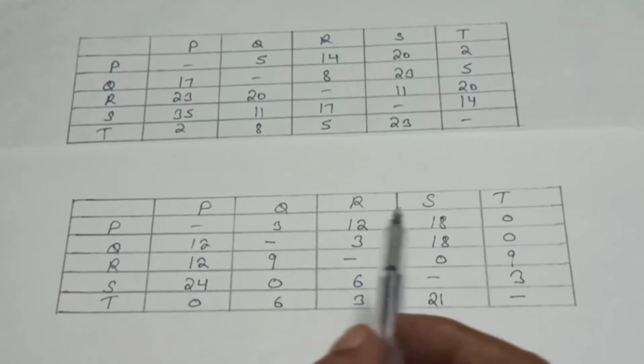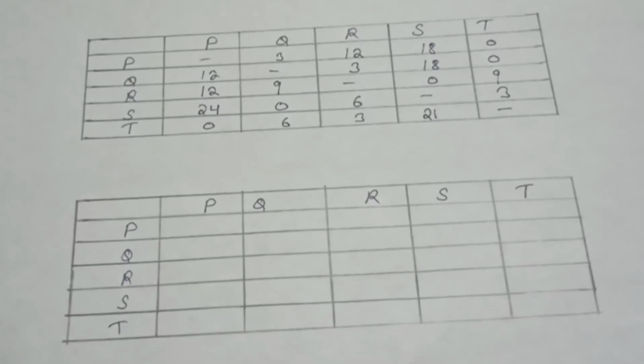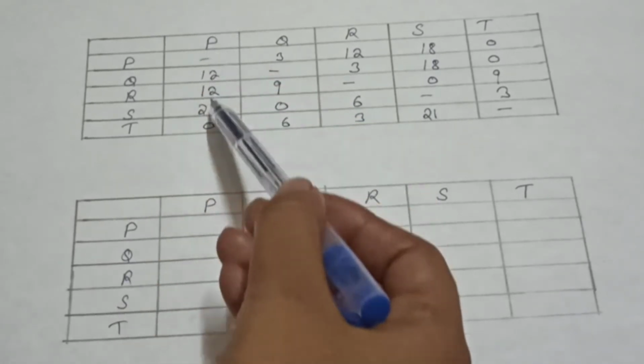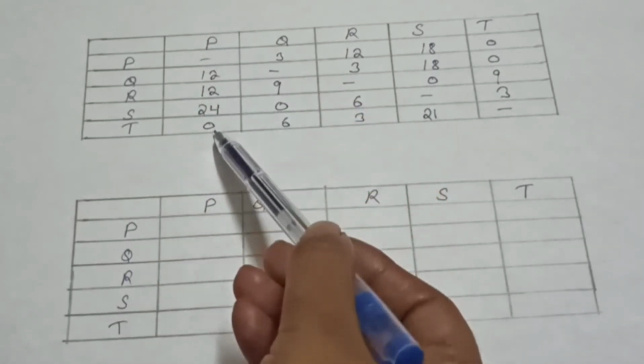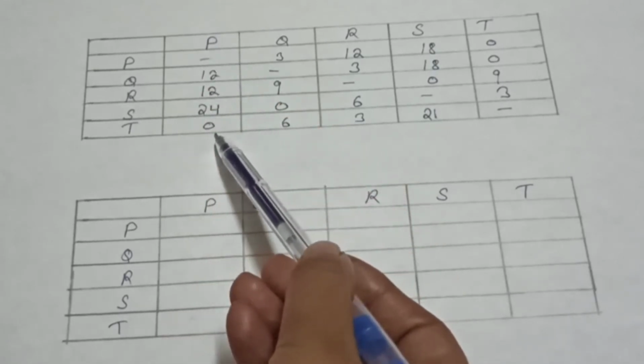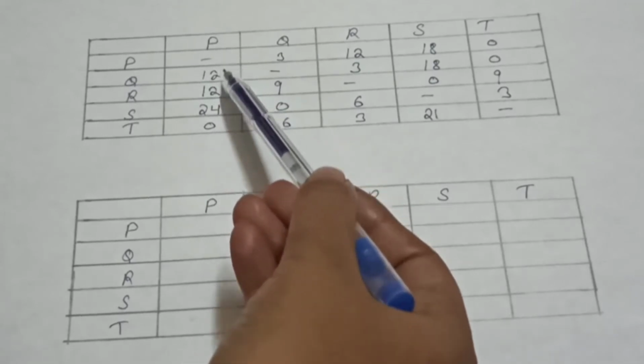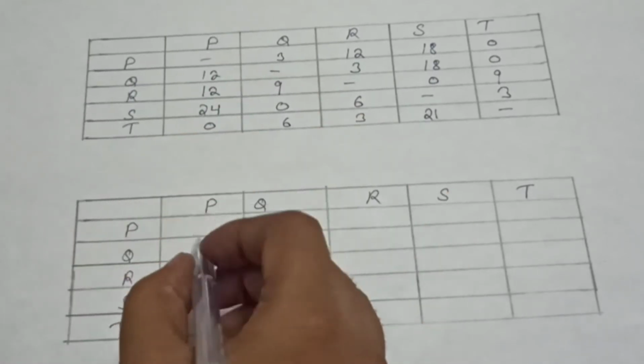Now we will do our column minimization. As you can see in this matrix, in this column we will check the minimum element. The minimum element is 0. So we will subtract this 0 from all these elements.